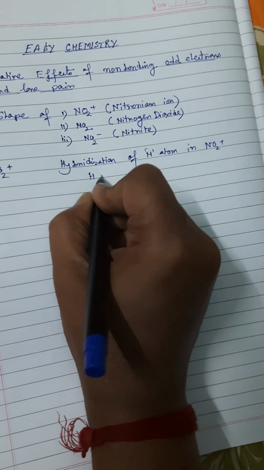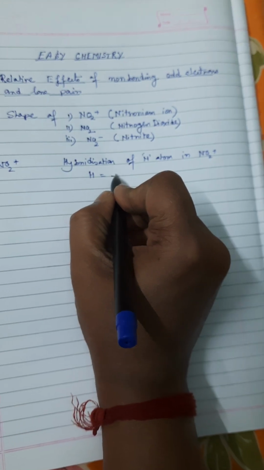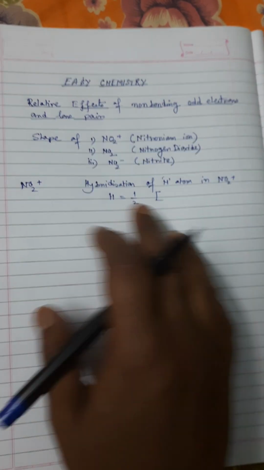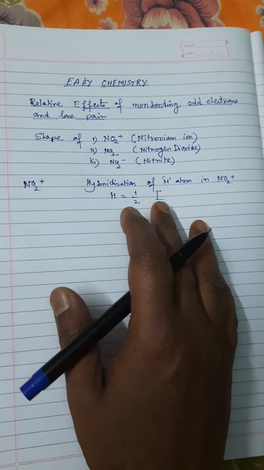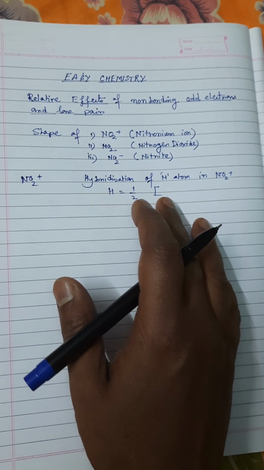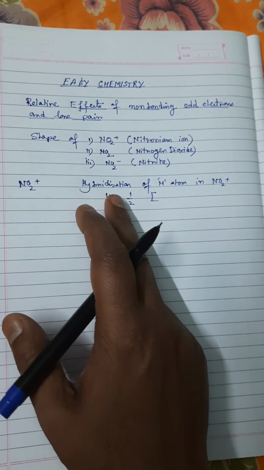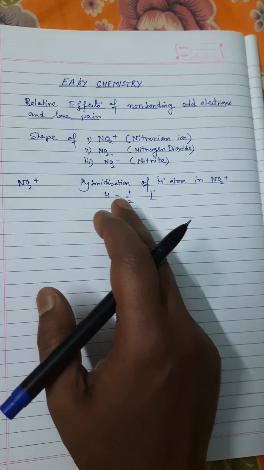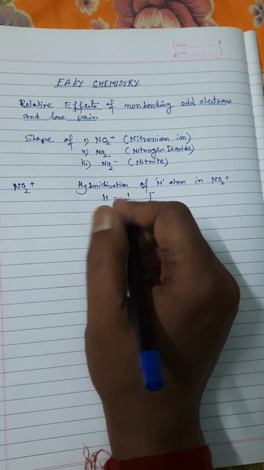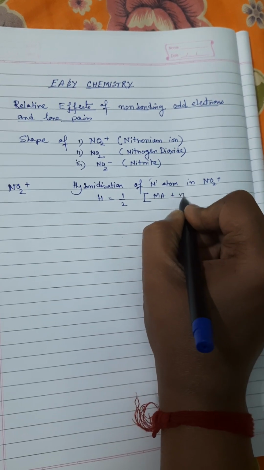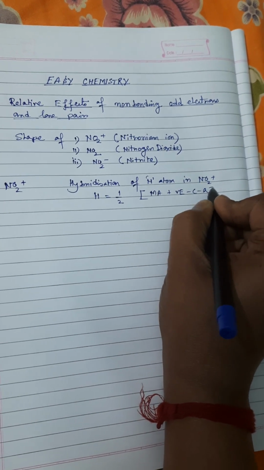Here we all know the formula, and if you are not aware of it, we are providing the details and link of the class in which we have already discussed how to derive the hybridization state of the central atom of a molecule. So H is half of Ma plus Be minus C minus A.